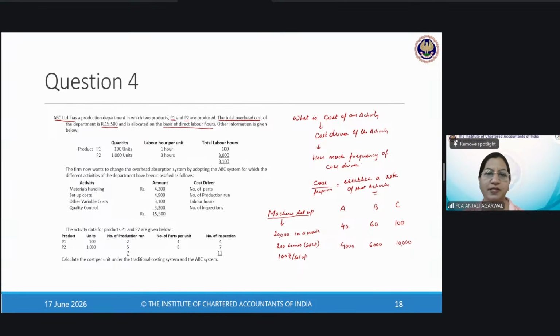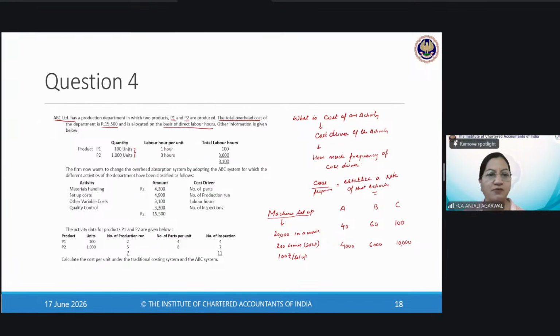So far what has happened is P1 and P2 are the two products manufactured in one department. And in this particular period, the total expenditure was 15,500, which was traditionally allocated on the basis of direct labor hours. Other information is product P1 and P2. How many quantity? 100 and 1000 units. How much labor hour does it require per unit? 1 hour.